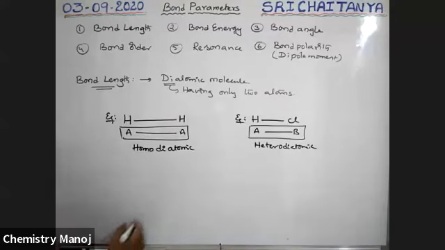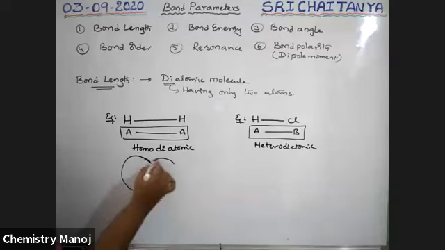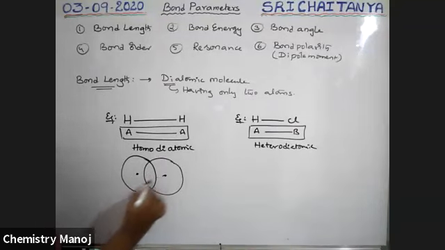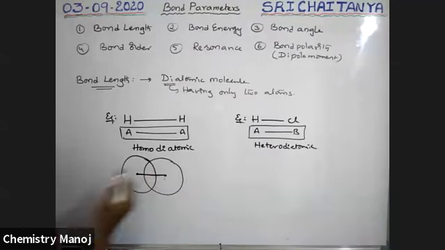So let us say this is A atom. This is another A atom. There is a covalent bond. This is the nucleus of this atom. This is the nucleus of this atom. So this is the internuclear distance between these two atoms.